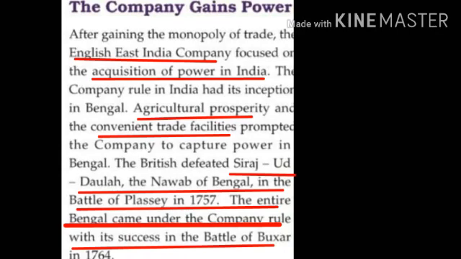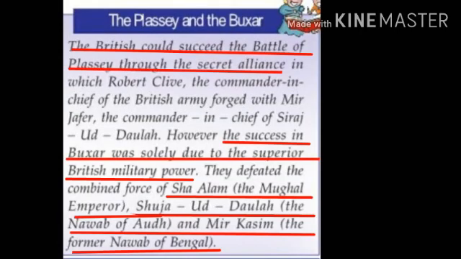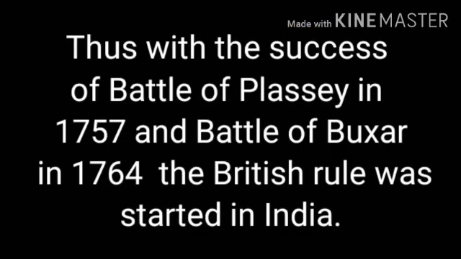The entire Bengal came under the company rule with its success in the Battle of Buxar. The success of the Battle of Buxar in 1764 was solely due to the superior British military power. They defeated the combined force of Shah Alam, Sirajuddaulah and Mir Qasim. Thus, with the success of the Battle of Plassey and the Battle of Buxar, the British rule was started in India.